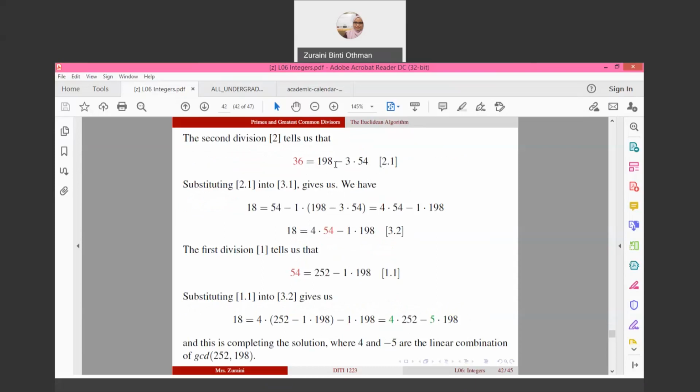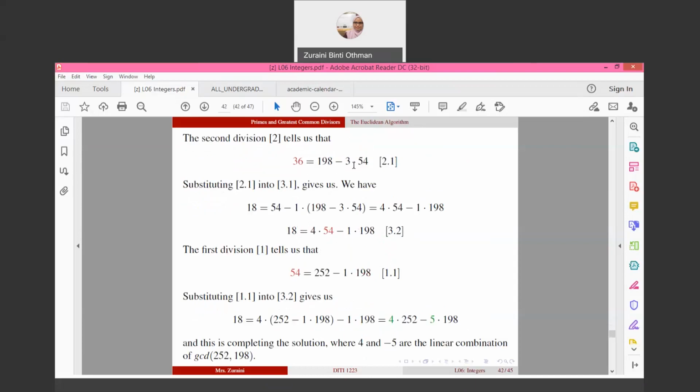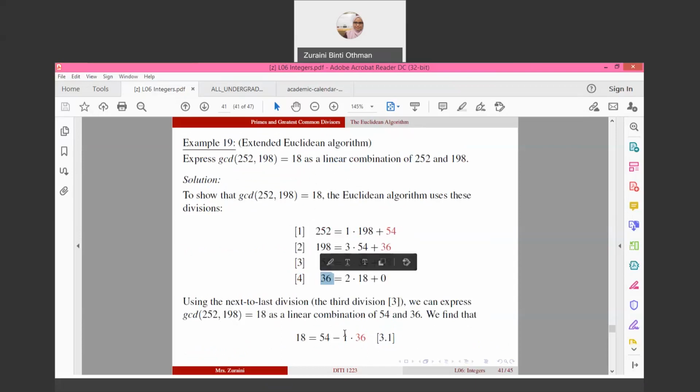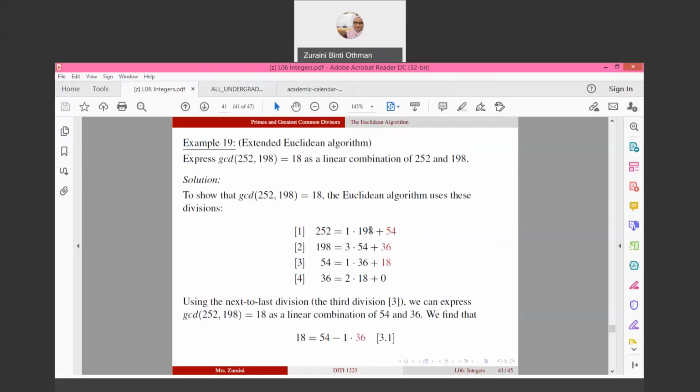Then 2.1 ni we substitute in 3.1 just now. Okay, so kat situ ada 36 kan? So kita substitute yang ni, letak kat value 36 just now. Okay, so now we get 3.2. Okay, I will explain this later in your tutorial. Okay. For more detail, the first division 1, yang ni daripada first division ni, yang ada 54 ni.